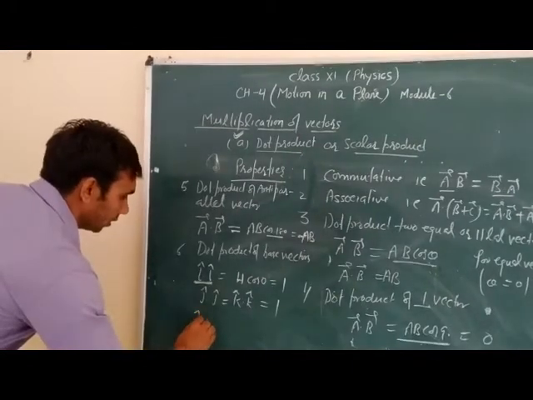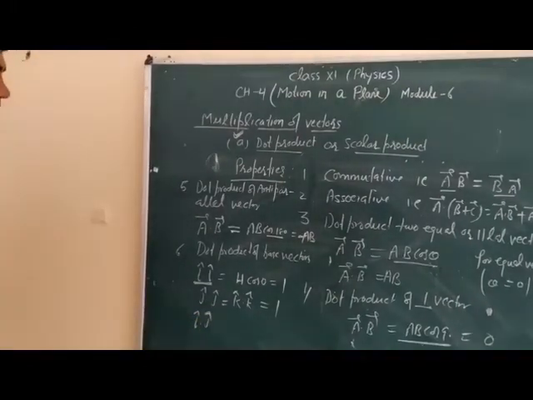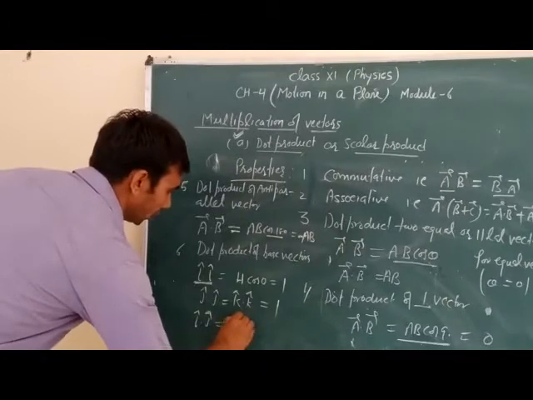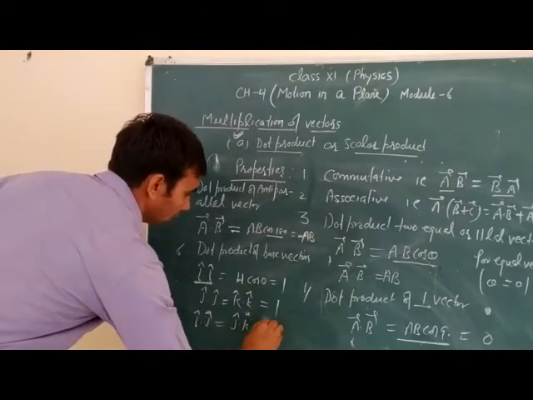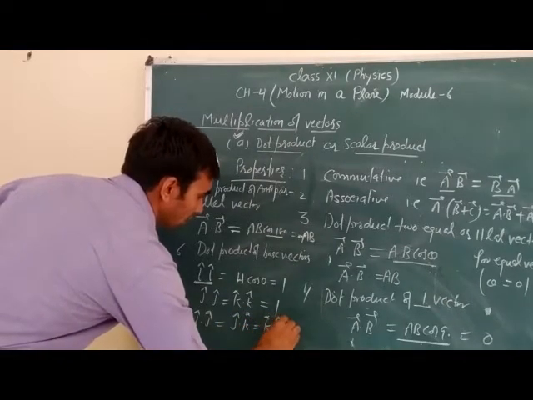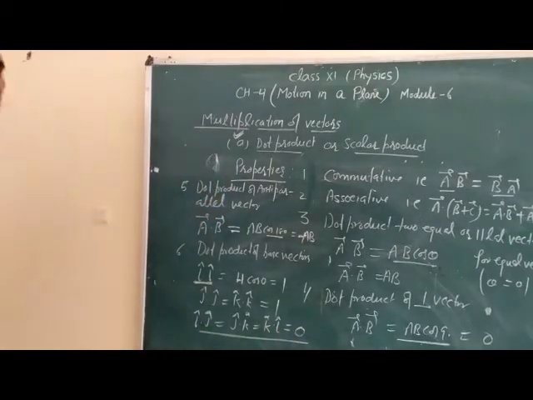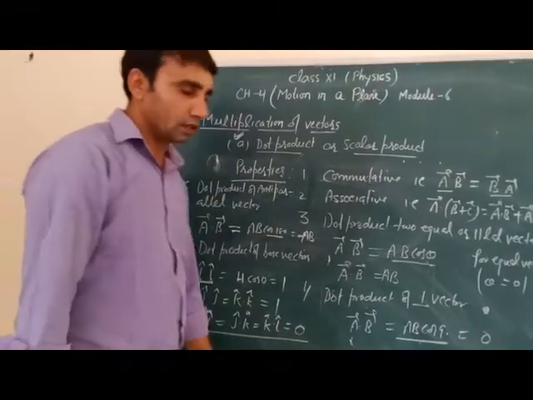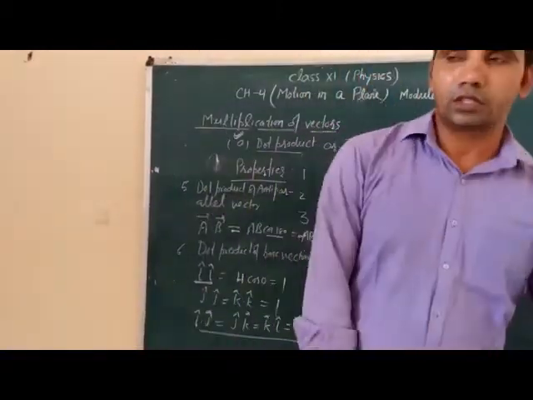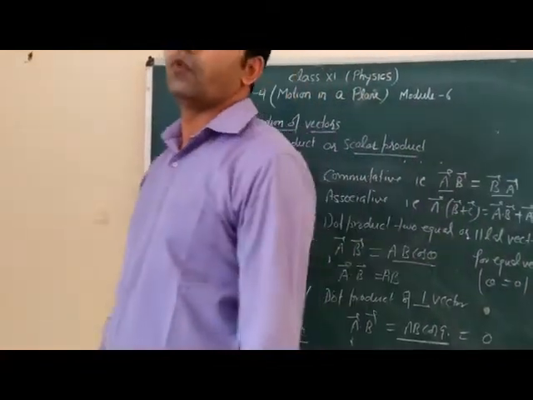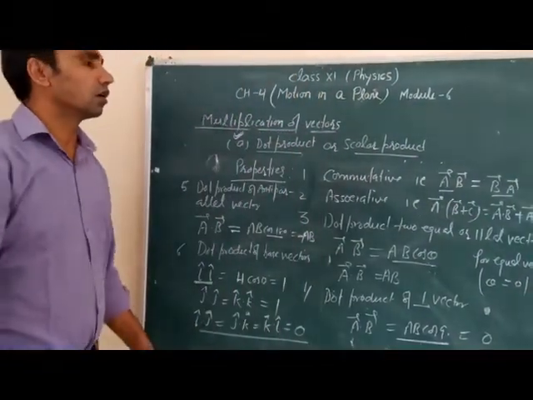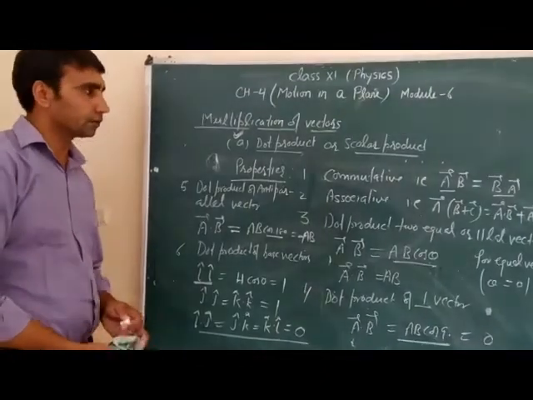I dot j is equal to j dot k, equal to k dot I, equal to 0.